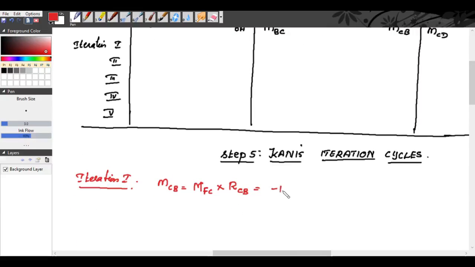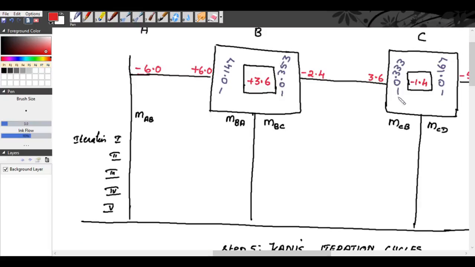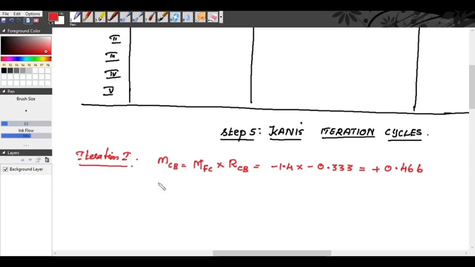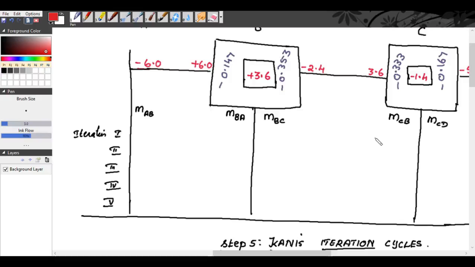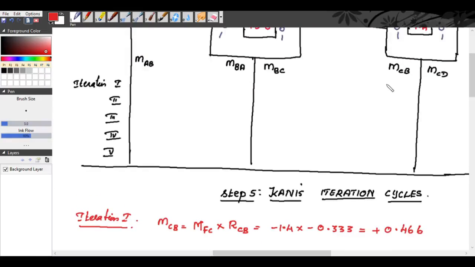So it is minus 1.4 multiplied by the rotational factor RCB, minus 0.333, we get plus 0.466. So M of CB for the first iteration is plus 0.466.